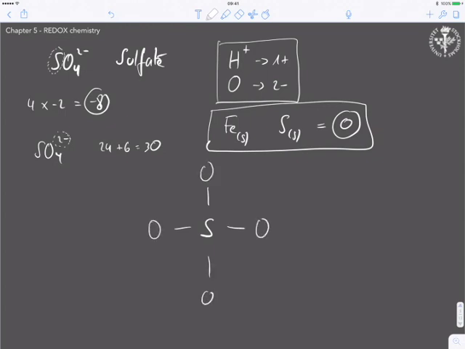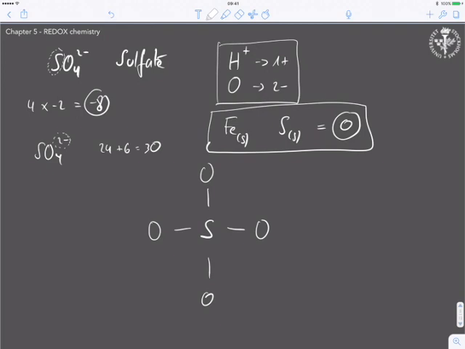We have 8 electrons in the bonds, and we're adding the full octet around the oxygen. That will be 4 times 6 is 24, plus 8, 24 plus 8 is 32.